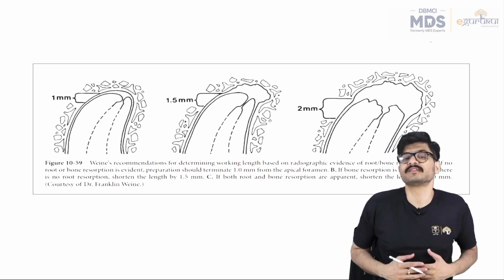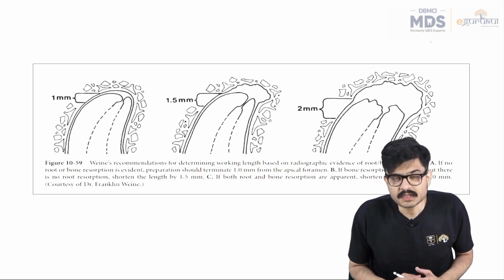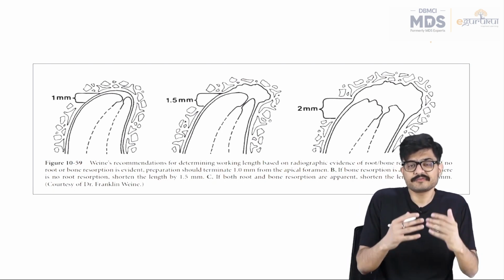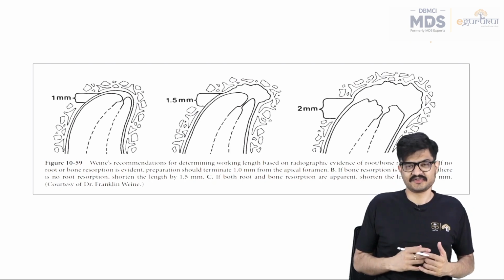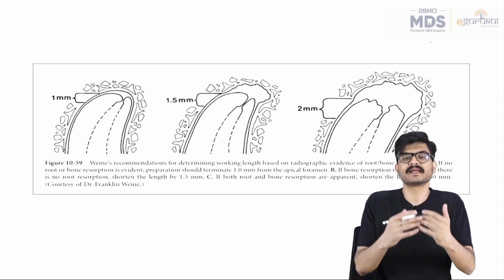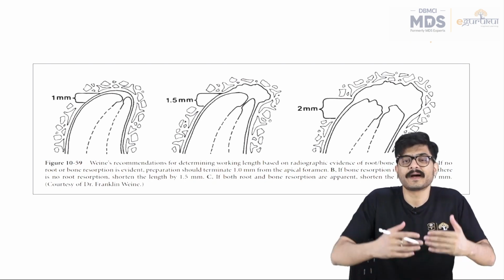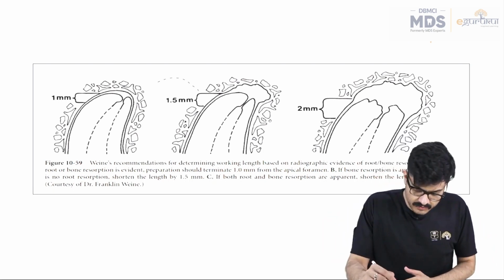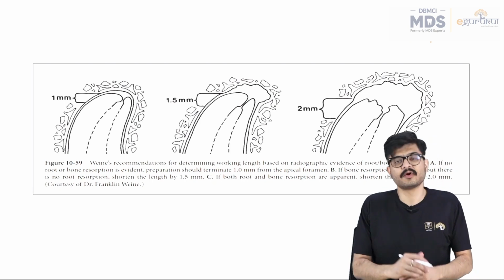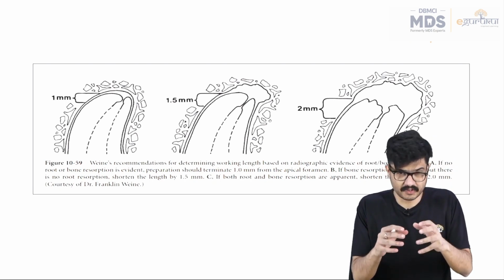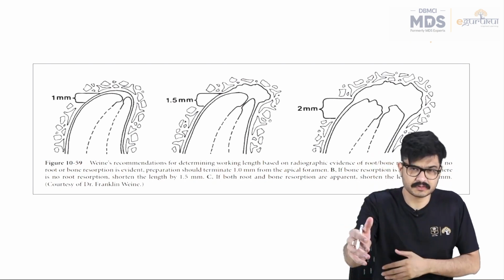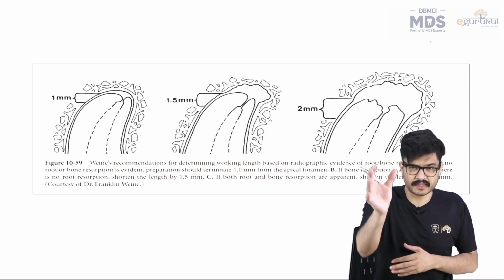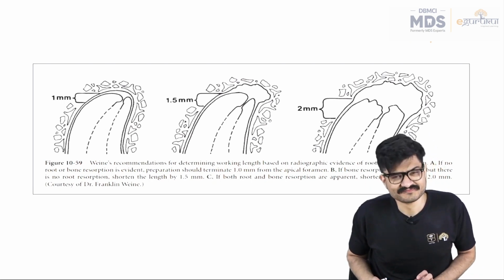Then you have to further reduce your working length by a value of 0.5 mm. So in all, reduce by 1.5 mm in order to ensure that your cleaning, shaping and obturation material is not in your periapical tissues.